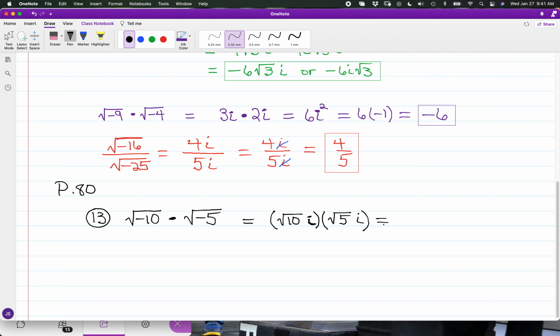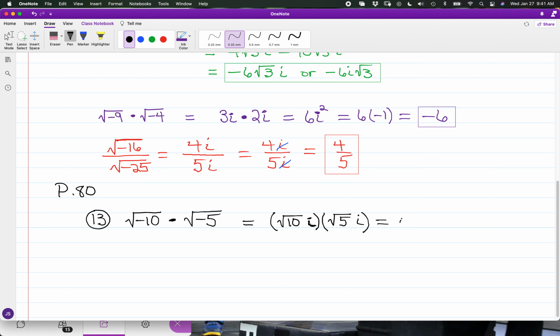Now, with no negatives inside the radical, you can go ahead and multiply 10 and 5 together. So this will come out to the square root of 50 i squared. Now we have a reducible radical, and i squared is going to go to negative 1. For the square root of 50, 50 is not a perfect square, and the highest perfect square that will go into it is 25.